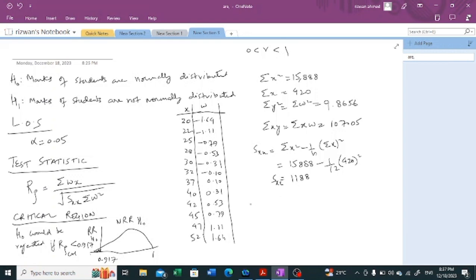Now we make a substitution in the formula to get the test statistic computed.